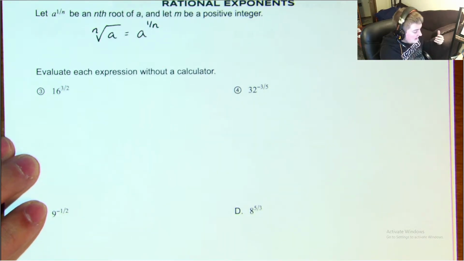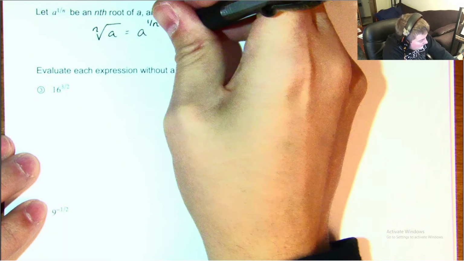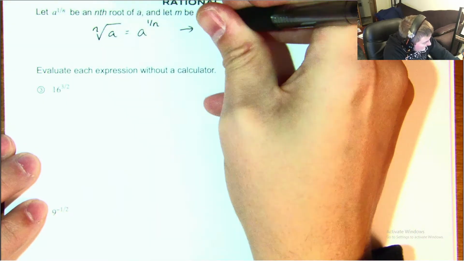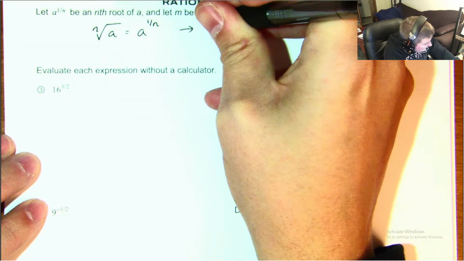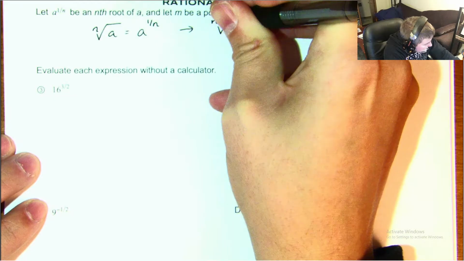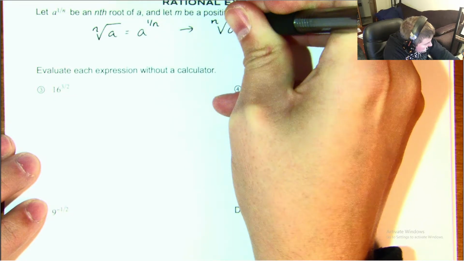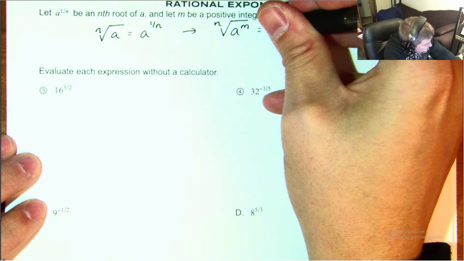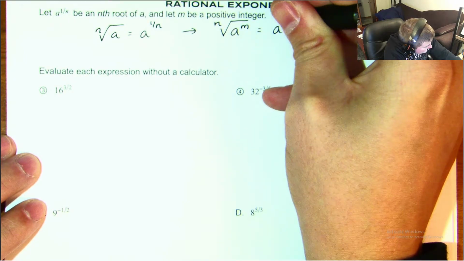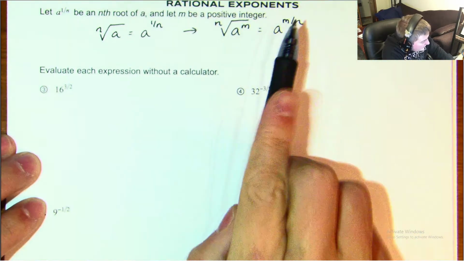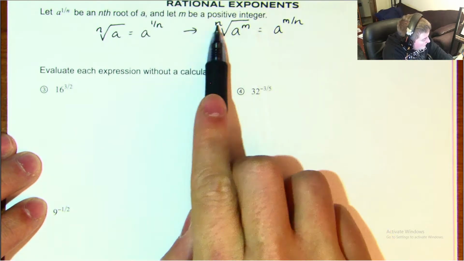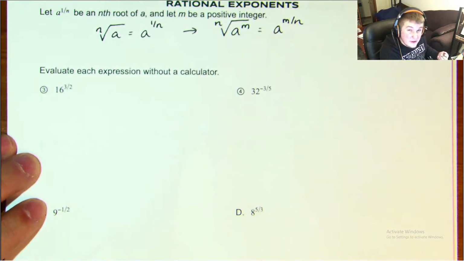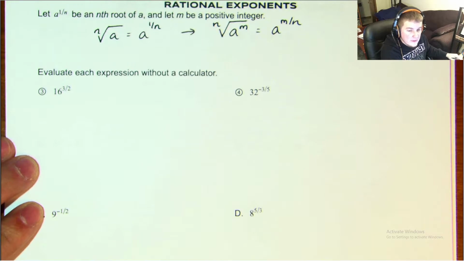But similar to that, we can derive, well, what if I have the nth root of a, and inside of that we have some m power? Really what ends up happening is we can just write this as a to the m divided by n power. So we have a fitting formula we can go off of.